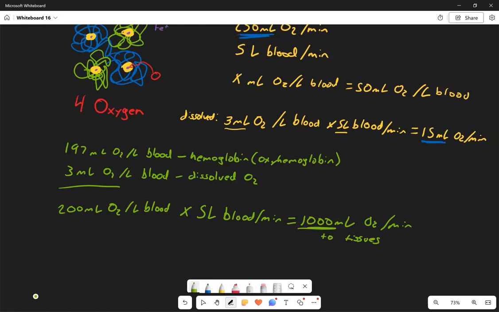So 1,000 milliliters. That's way better than just the 15. So because of hemoglobin, we are able to transport a lot more oxygen to the tissues. And without a properly functioning hemoglobin, we would end up in a hypoxic situation, or our tissues would end up in a hypoxic situation because they wouldn't be getting enough oxygen.